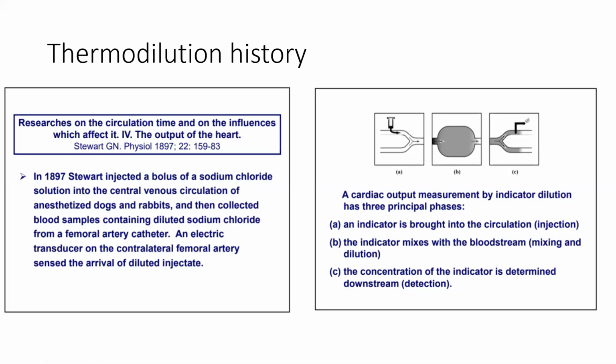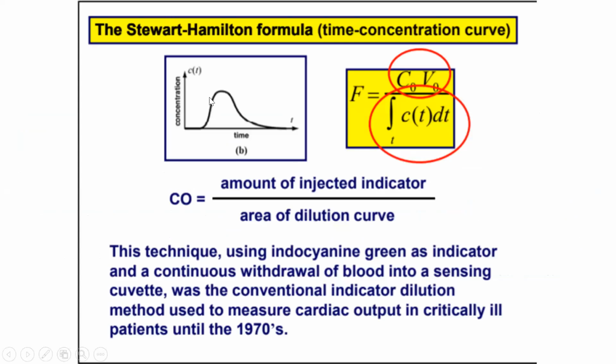What he did is that he took the blood in the femoral artery at different times, for example, 5 seconds, 10 seconds, 15 seconds. And as you inject a substance, the concentration of the substance will come down. So when he sees the reduction in the concentration within 5 seconds, 10 seconds, and 15 seconds, he can plot the graph.